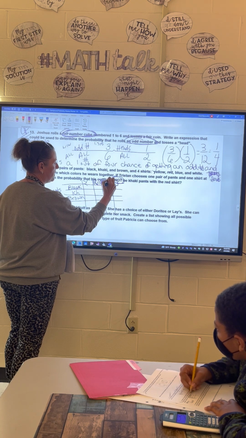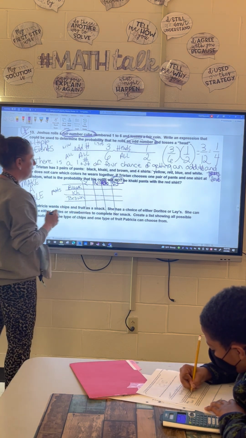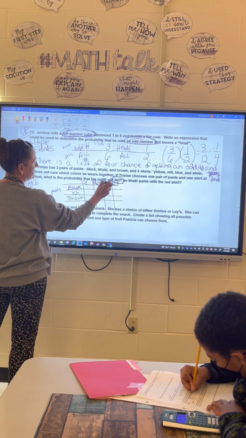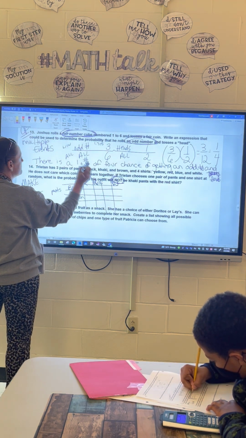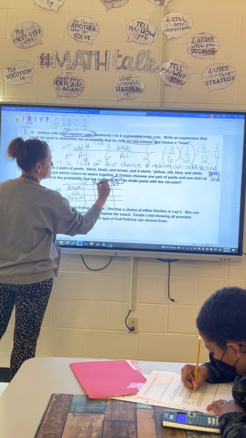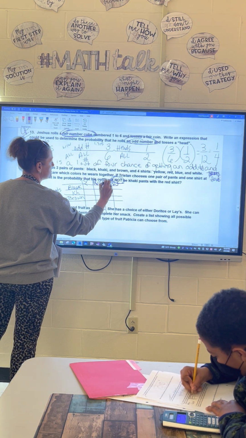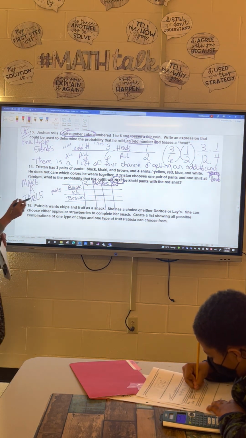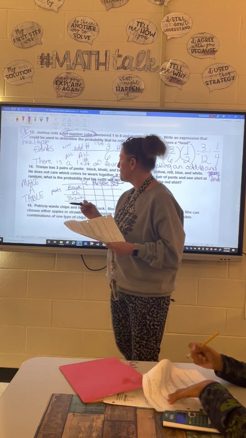That's a blue right there. Yellow, red, blue, and white. That ran together. Fix it. Yellow, red, blue, and white. So now let's put them together.